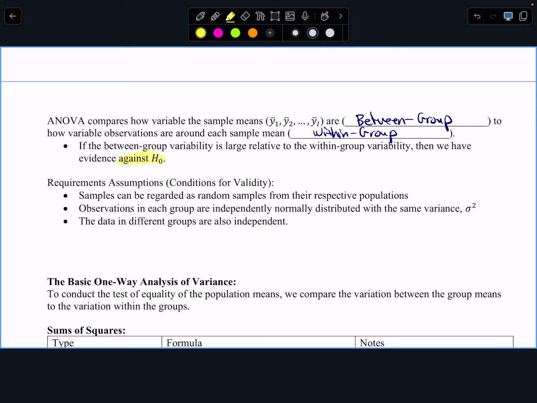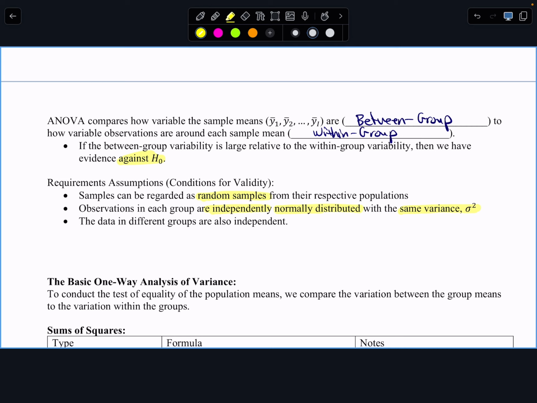Our samples need to be regarded as random samples. So we always need random sampling, otherwise the sampling distribution of your sample mean doesn't make sense. We need all of the observations within each group to be independent and normally distributed. And we have this extra requirement that all of the groups come from populations with the same variance.